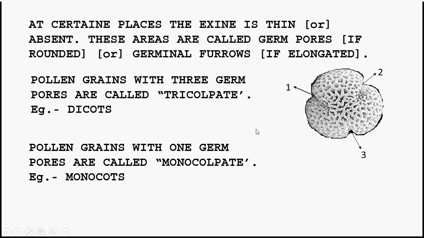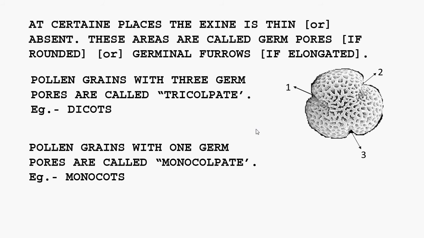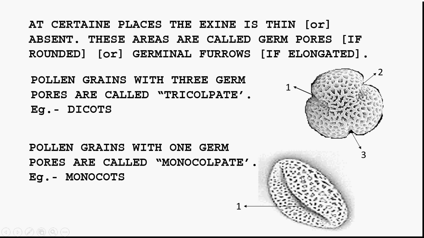Pollen grains with 1 germ pore or germinal furrow are called monocolpate. This monocolpate condition we can find in monocots. Look at this picture. This is the monocolpate pollen grain. Here we can see that, as we said in the first statement, if the pore is elongated, it is called a germinal furrow.